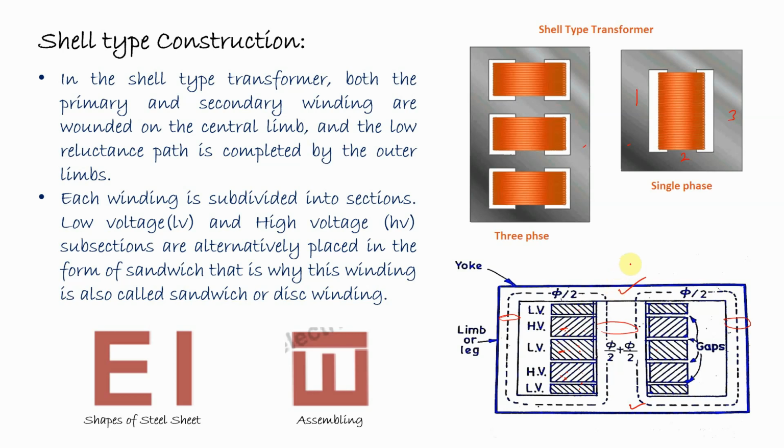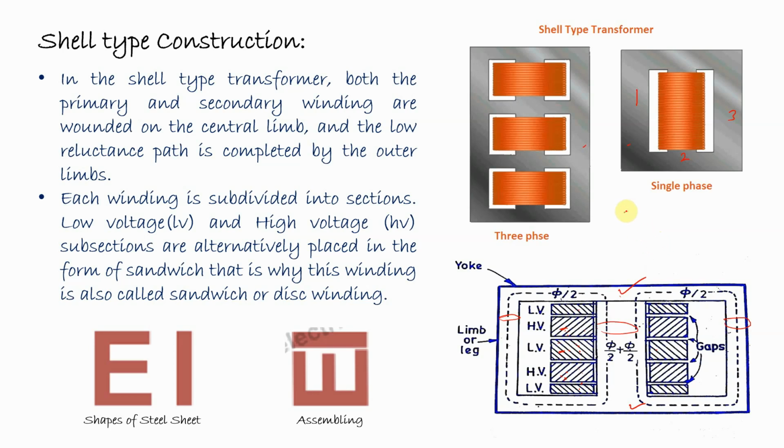If we consider the same rating transformer, one made as a core type and another as a shell type, then the silicon steel required to construct the core of the transformer will be more in the case of the shell type transformer. Whereas the windings required, either low voltage or high voltage, are more in the case of the core type transformer.